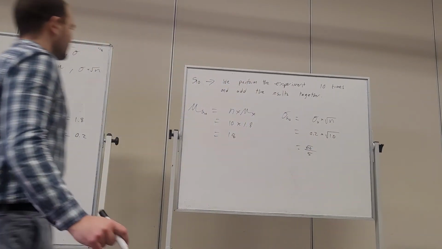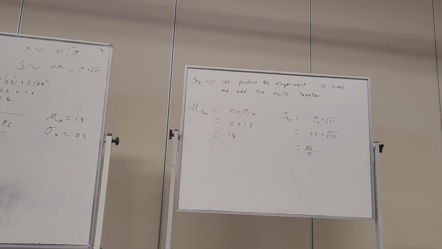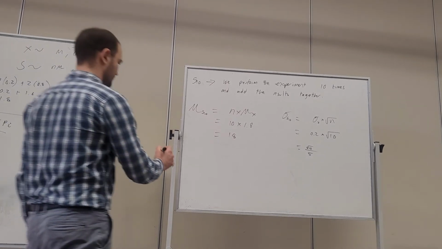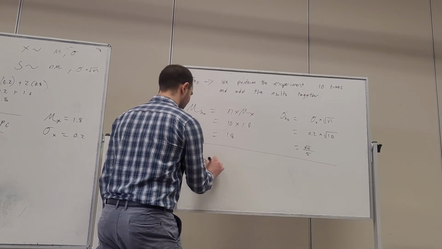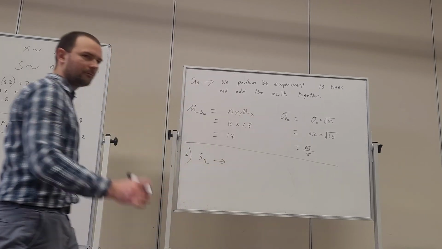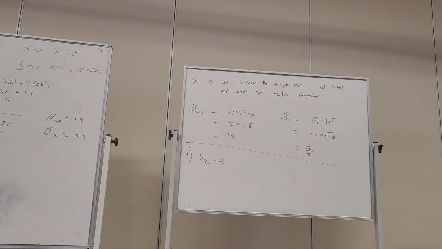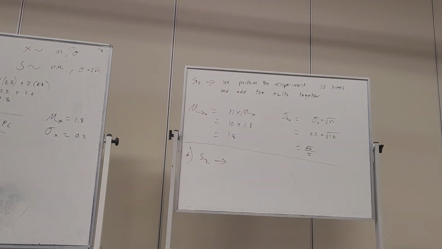And then the last part, part D: state the possible values of S2. This is getting you to think about the possible events that could occur. What are the possible values you could get by performing this twice? Think of flipping a coin.